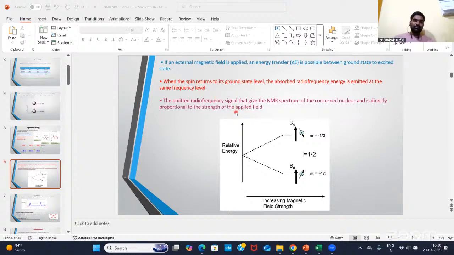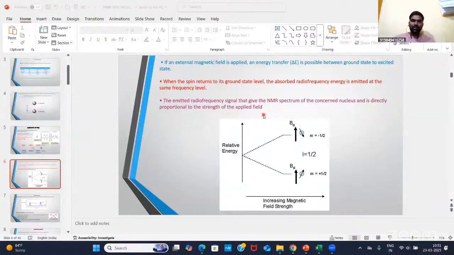So the radio frequency energy absorbed by the ground state will be emitted at the same frequency when it comes back to the ground state. The emitted radio frequency signal gives the NMR spectrum of the concerned nucleus and is directly proportional to the strength of the applied field.